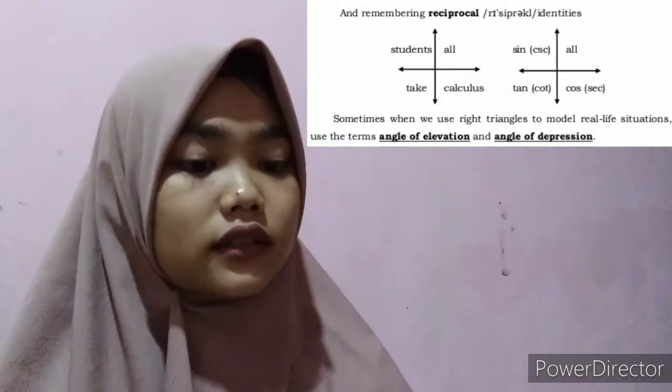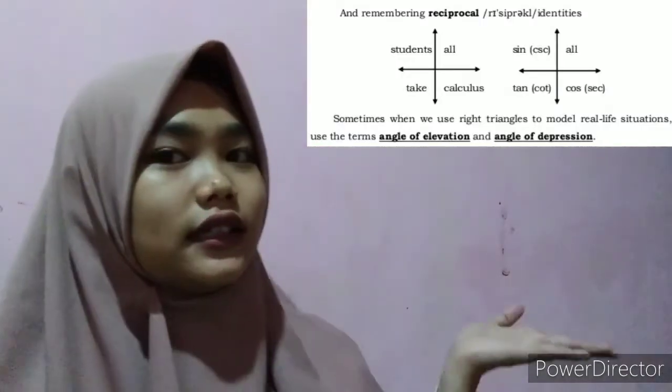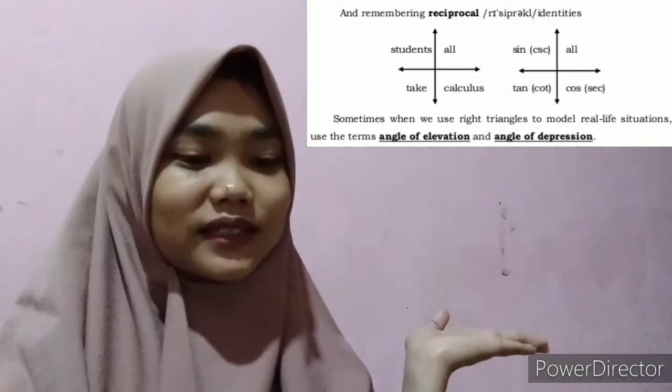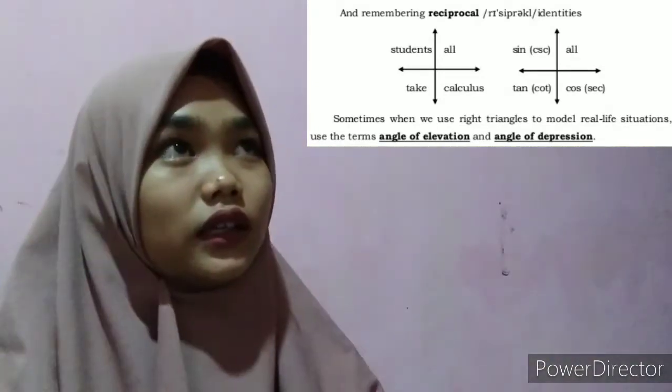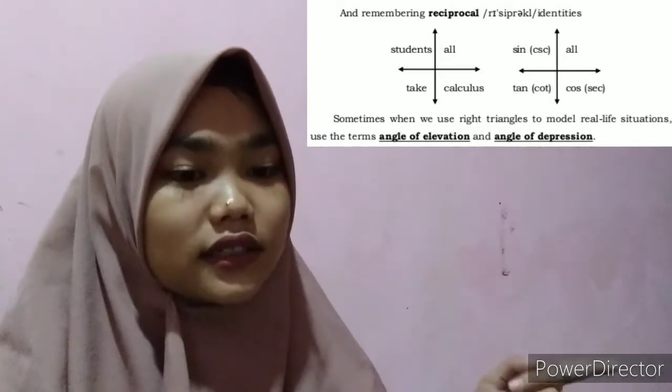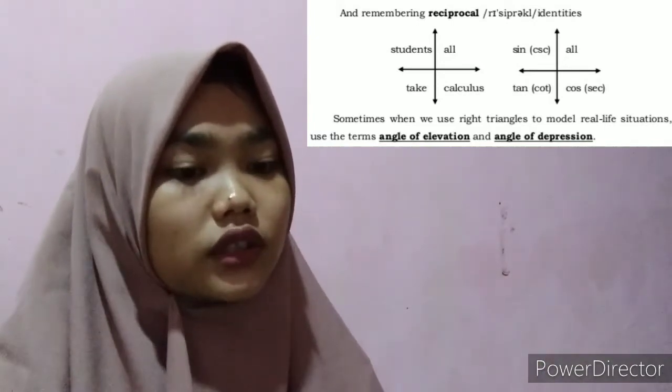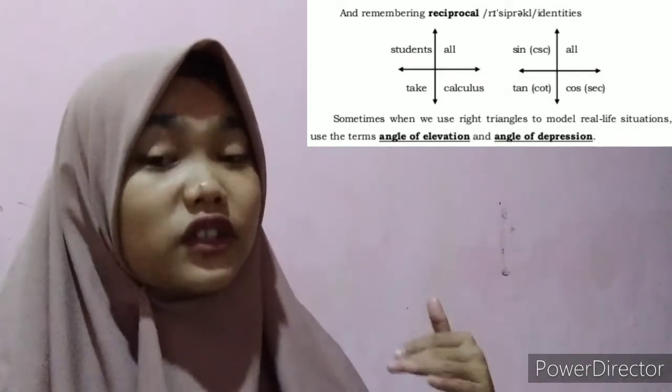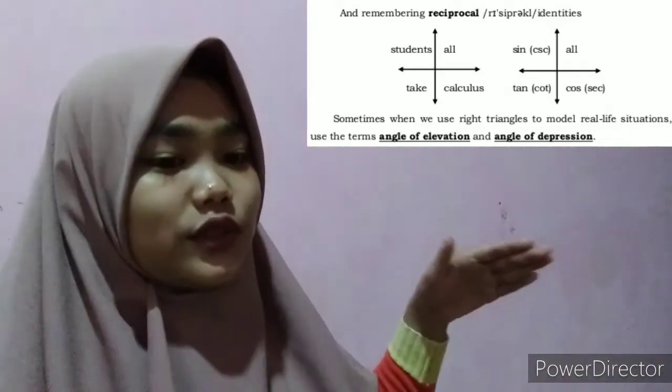Remembering the identities like this: quadrant 1 is all, quadrant 2 students, quadrant 3 take, quadrant 4 calculus.